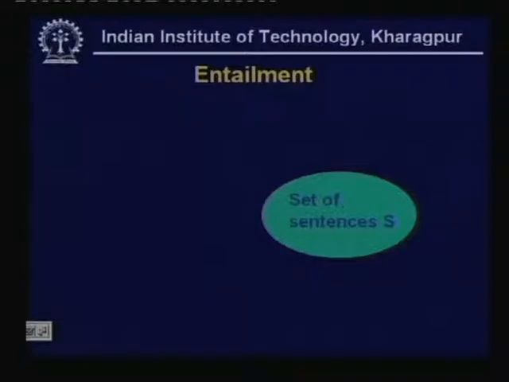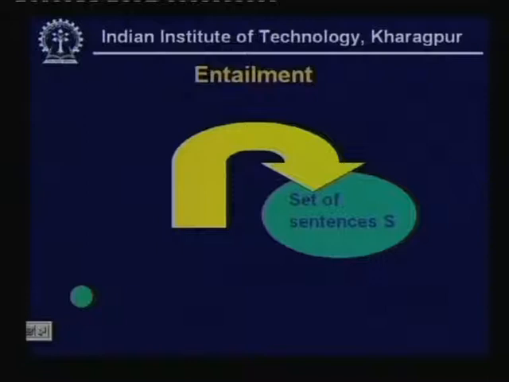Suppose there is a set of sentences S, and another sentence, the small green bubble here. We are thinking of one particular interpretation I that has been given to this set of sentences, and this interpretation obviously makes these sentences true. That means this interpretation I satisfies this set of sentences.